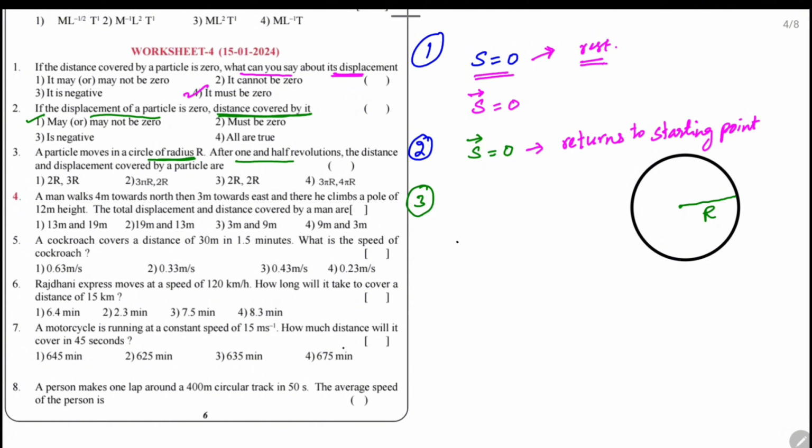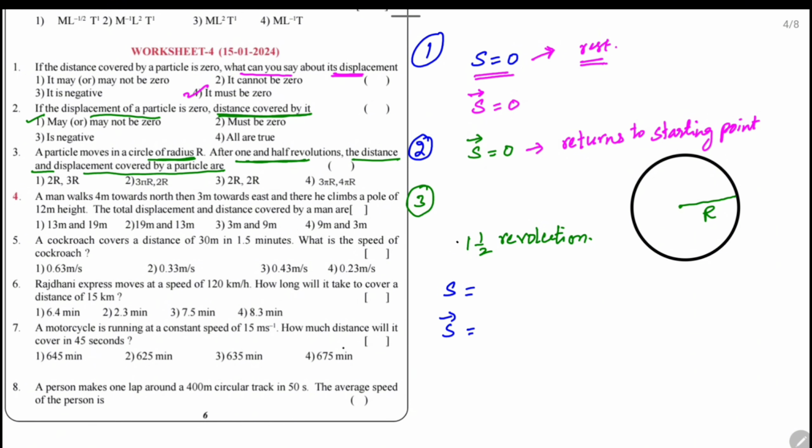It completes 1.5 revolutions. We have to find what is the distance and what is the displacement covered by the particle.